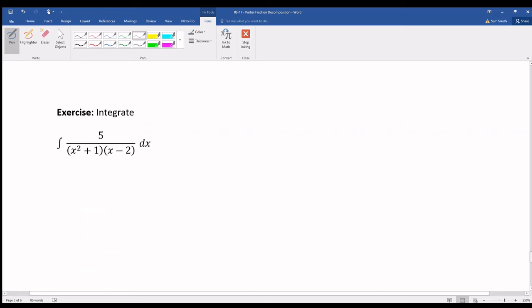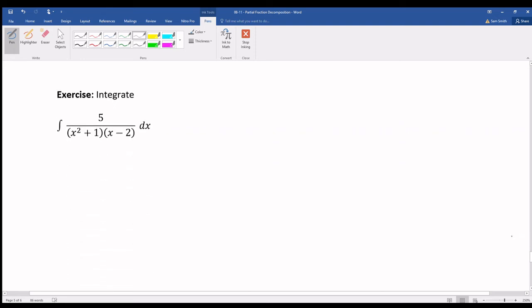Let's try something similar here with the following rational expression. Integrate 5 over x squared plus 1 times x minus 2. So let's begin by trying to split apart this difficult antiderivative into simpler antiderivatives.